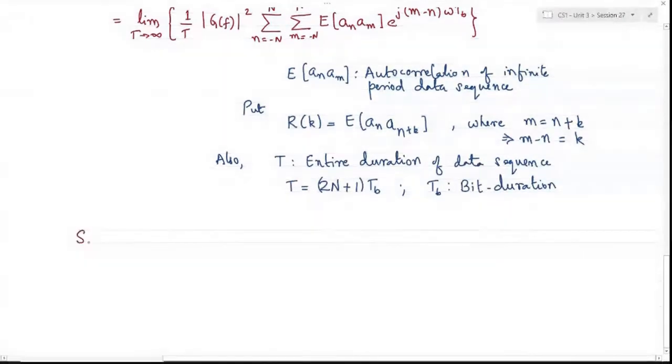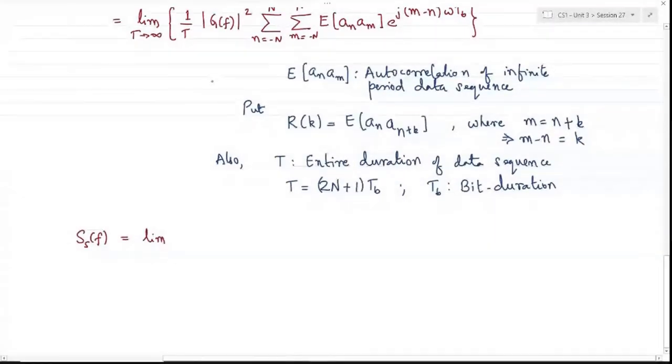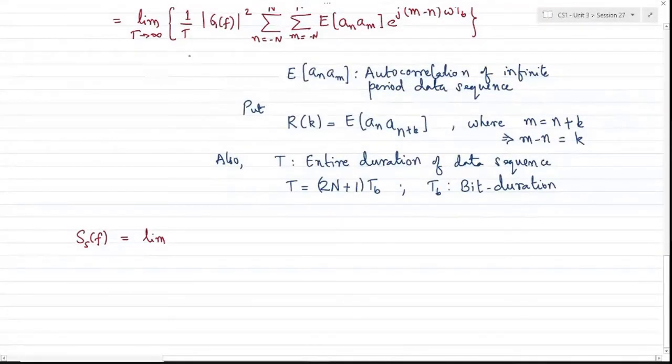Taking all these quantities and substituting back into our equation, the power spectral density that we are calculating can be simplified further. In the limit T tending to infinity, I'll replace T with the individual bit duration and the number of bits in the complete data sequence. As T tends to infinity, N will also tend to infinity.